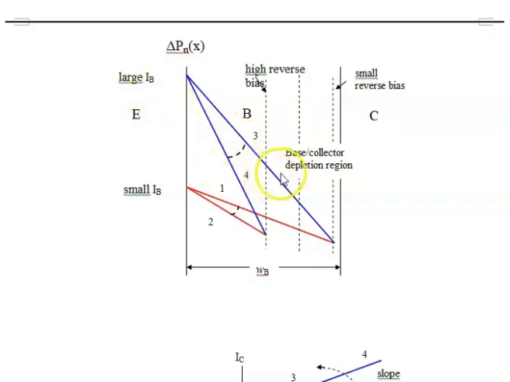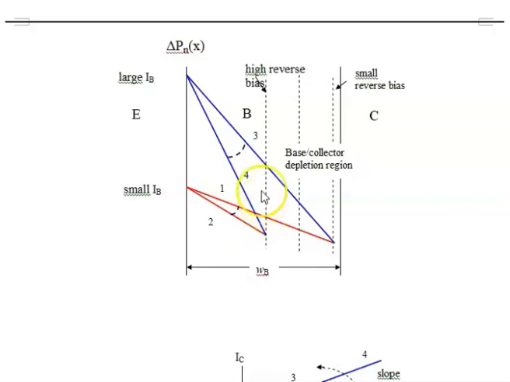Now, the difference between the two blue lines is that line 3 represents a small reverse bias, and line 4 represents a higher reverse bias.